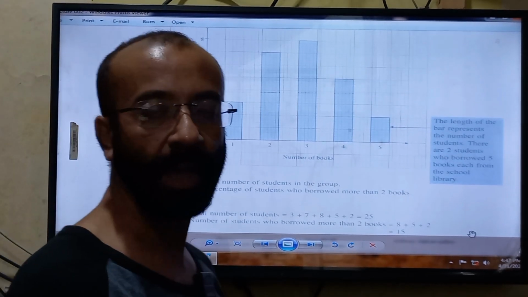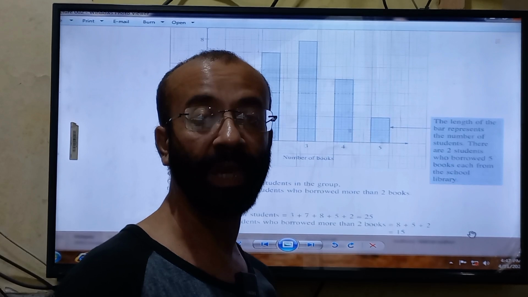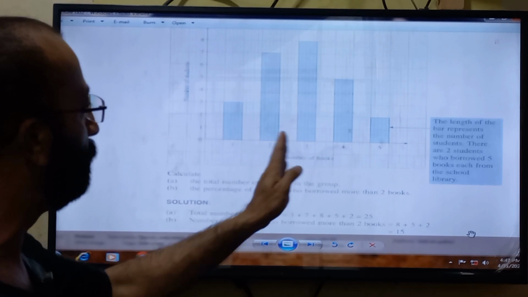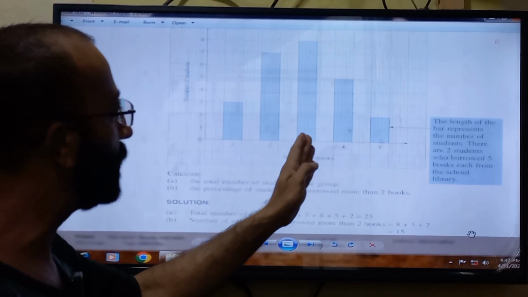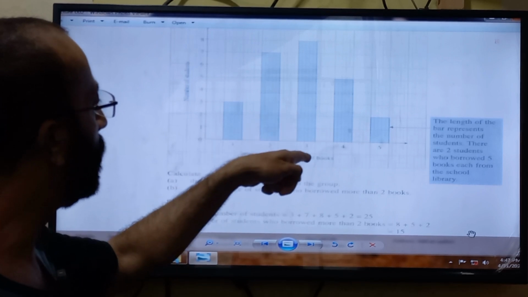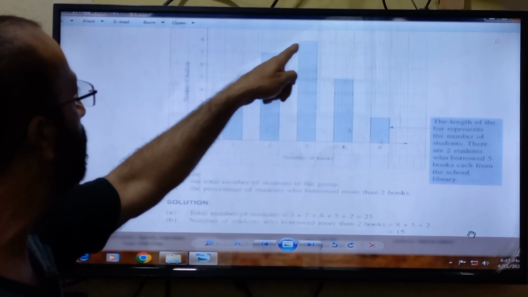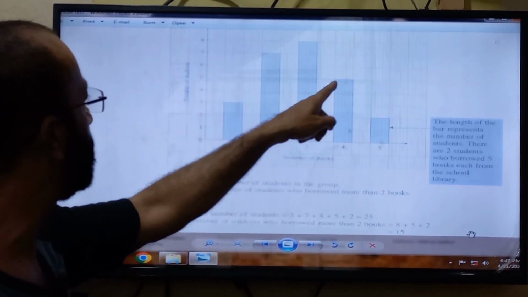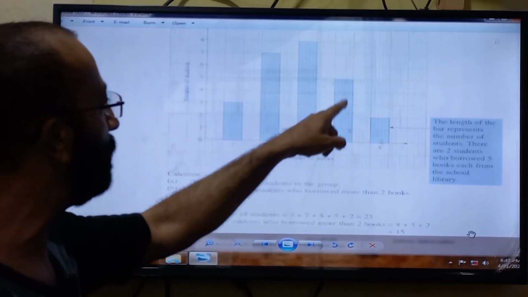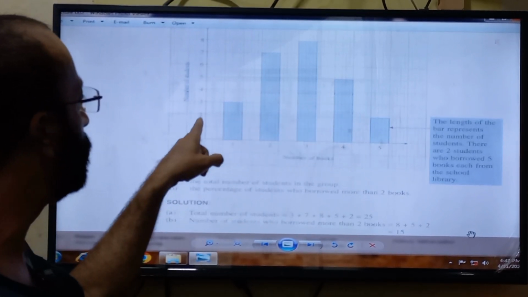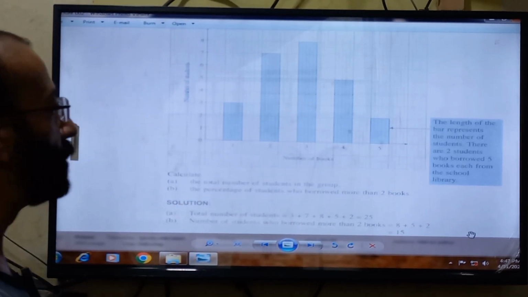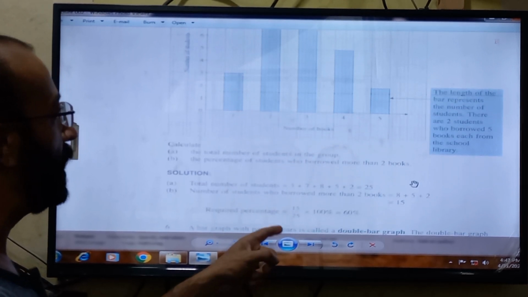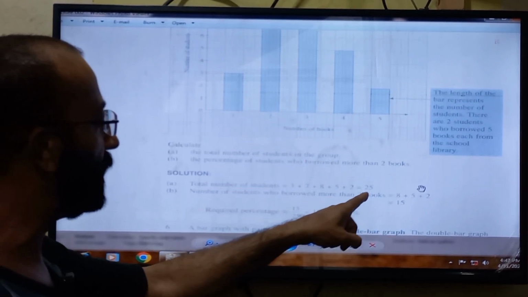Next is the percentage of the students who borrowed more than 2 books. So first you have to calculate the number of the students who have taken more than 2 books. So for more than 2 books, there are actually 3 bars. So the 3 books bar represents 8. Number 4 bar represents 5. So 8 plus 5, 13, and plus 2, 15. So 15 will be put in the numerator, and there are total 25 students.